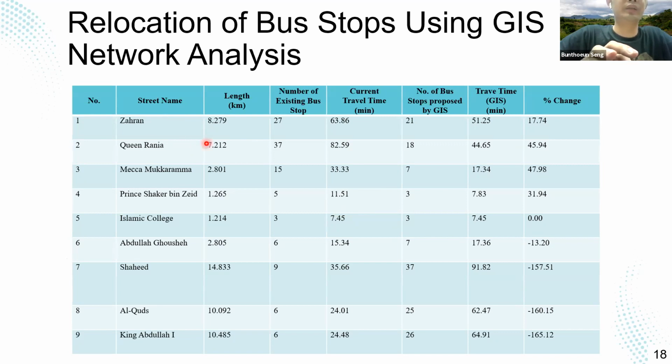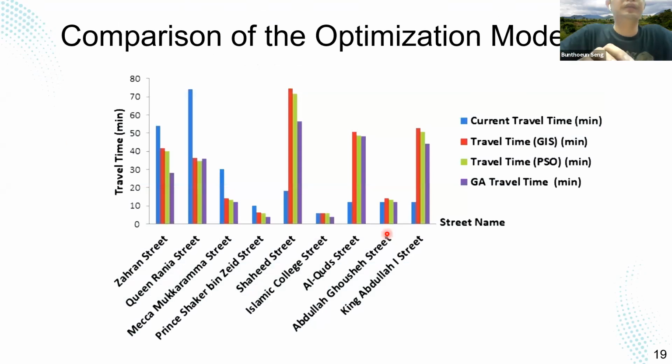Yeah, similar thing. We have three groups of road which have an increased number of bus stops, a decrease, and no change here. We can see the comparison of these three models.